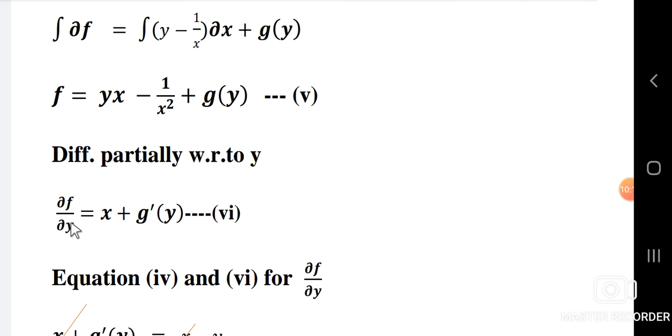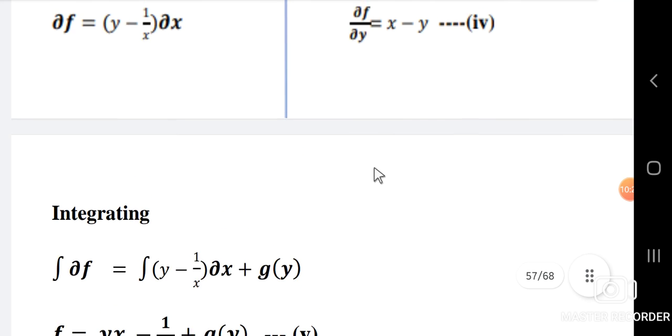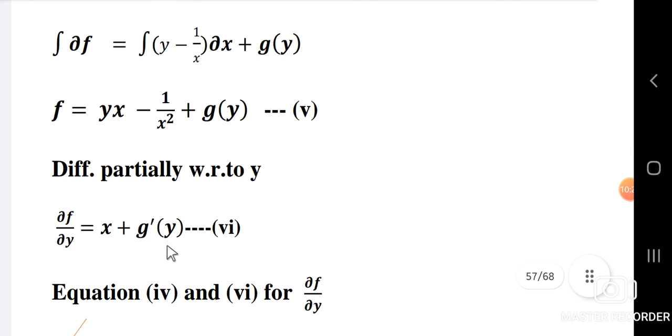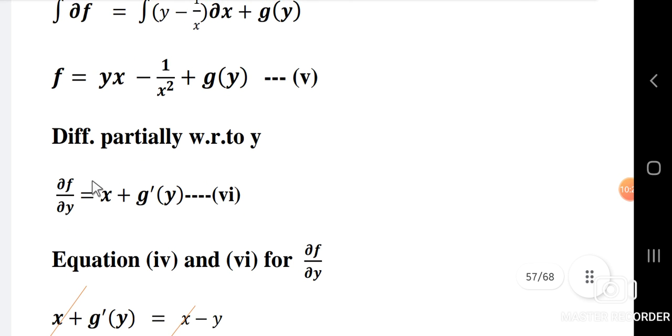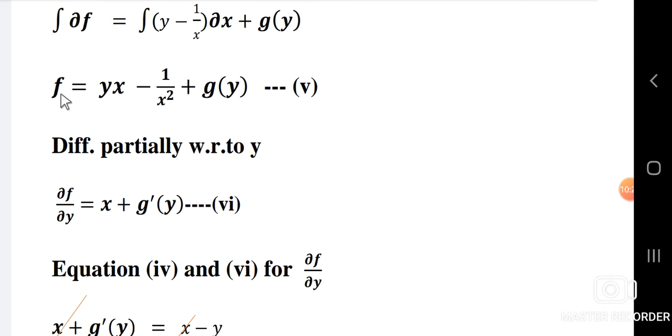In yx, x becomes constant and y becomes 1, so we get x. Plus there is no y here, so it will be 0 only, and g of y becomes g dash of y. You name this equation as 6.